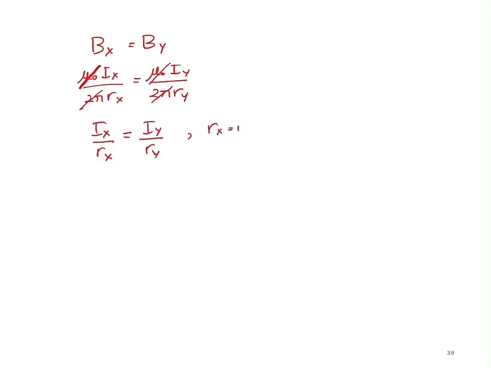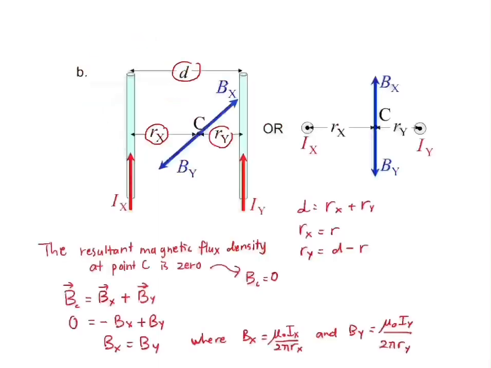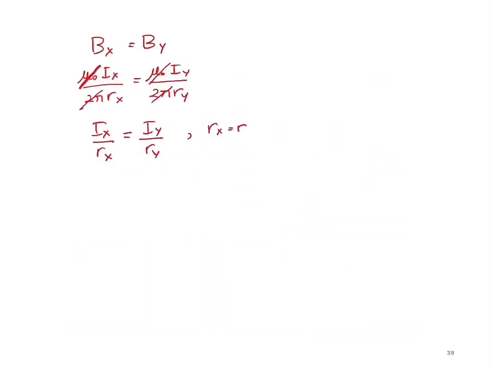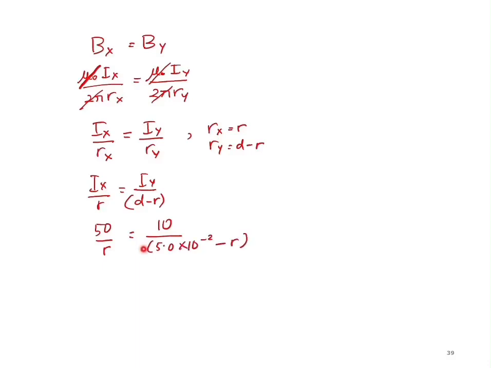Substitute Rx equal to R and Ry equal to D minus R, and we will get Ix over R equal to Iy over D minus R. Now we can substitute in the values of Ix, Iy and also D. D is 5 centimeter. Solve this to get R, which is 4.2 times 10 to the power of negative 2 meter.